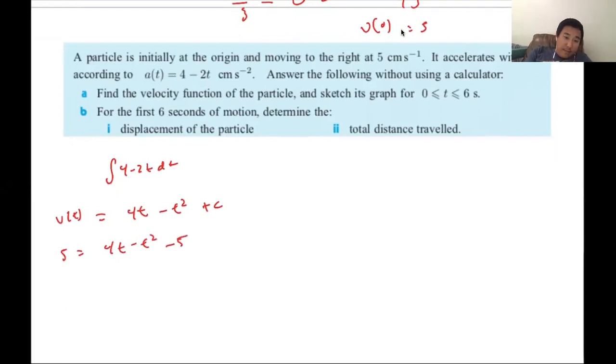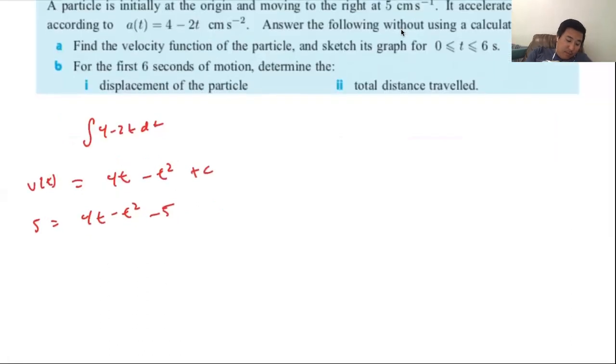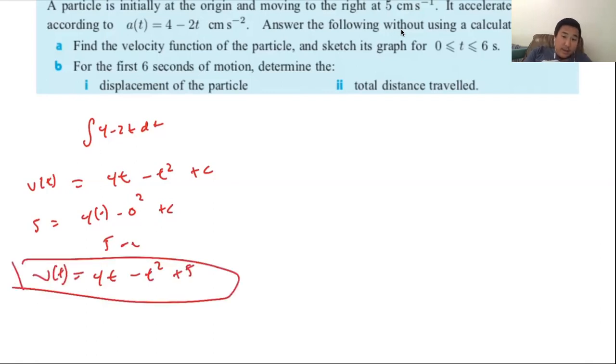So 0 minus 0 squared plus c equals 5. So then 4t minus t squared plus 5 equals v of t. Sketch the graph.